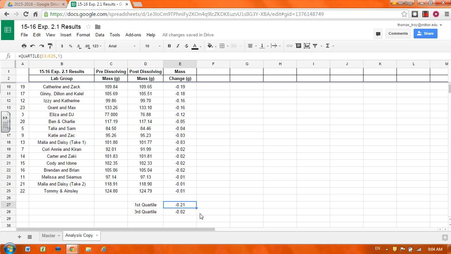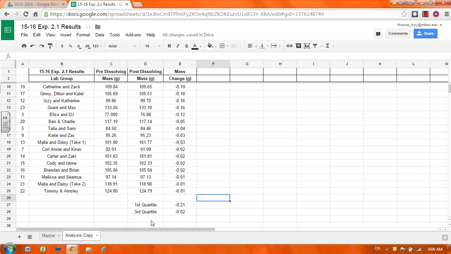So what the computer is telling us is that 25% of our mass changes are lower than negative 0.21 grams mass lost, and 25% of our mass changes are greater than negative 0.02 grams, or less than 0.02 gram mass loss. So roughly, visually speaking, this is about 25% of our data right there.